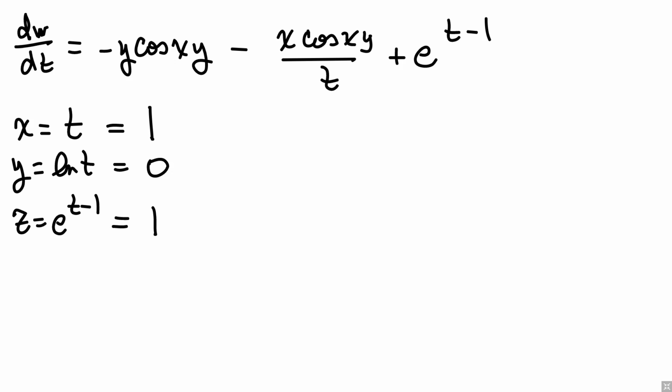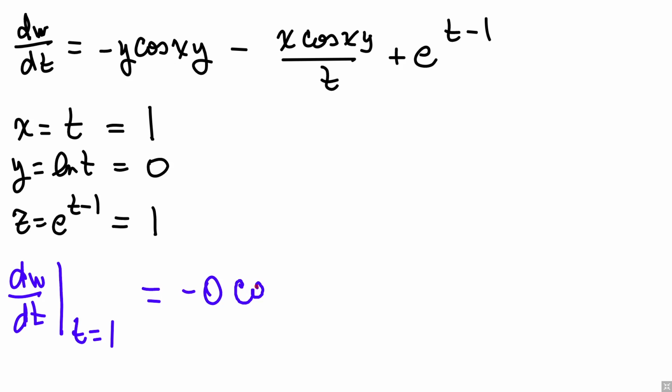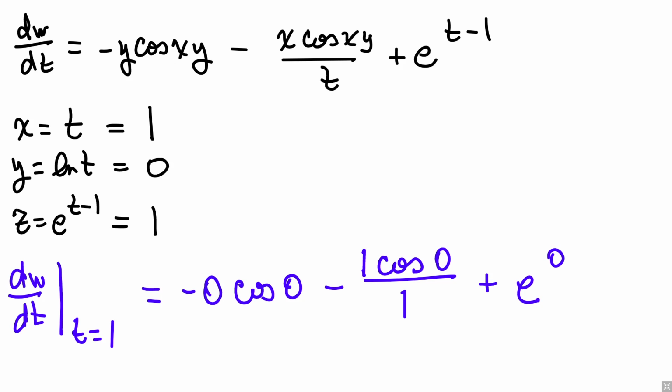So if we plug in and do dw dt when t is equal to 1, we're going to end up with negative 0 times the cosine of 0 minus 1 times the cosine of 0 over 1 plus e to the 0.